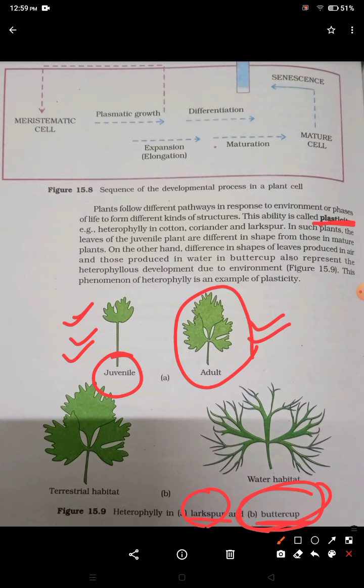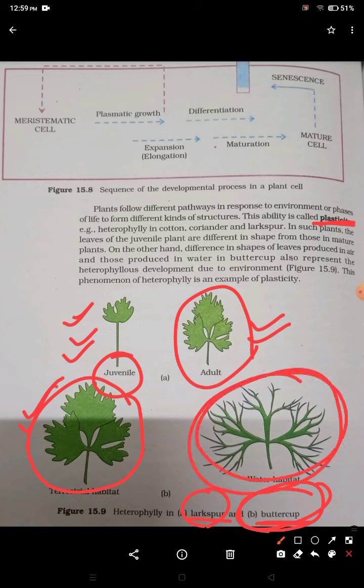Some of the leaves in buttercup are present in the aerial, terrestrial habitat. They show different shape of the leaf, and some of the leaves are present inside the water habitat. They become more dissected and show different shape and size. So presence of different types of leaf in different stages of life because the plant responds to different stimuli. This is known as plasticity.